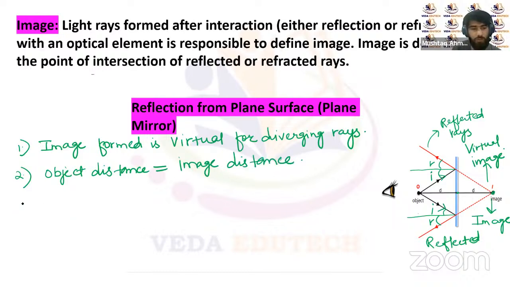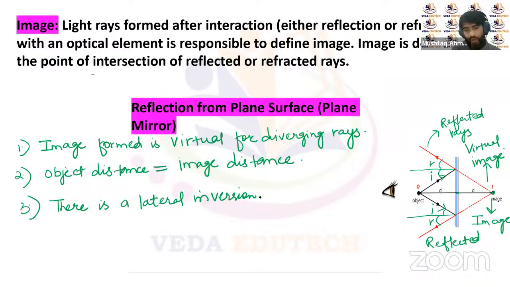And the third point is that in case of a plane mirror, there is a lateral inversion of the image. What does it mean?